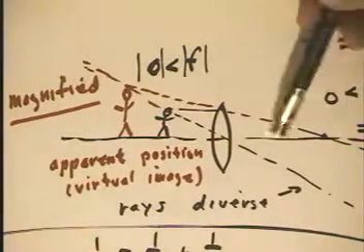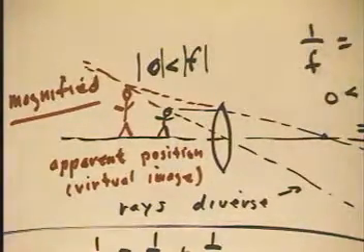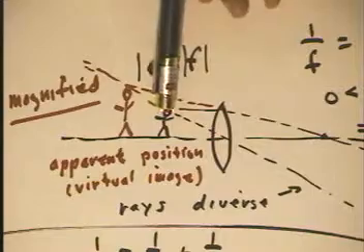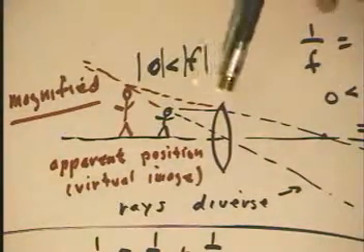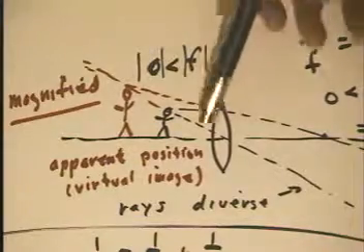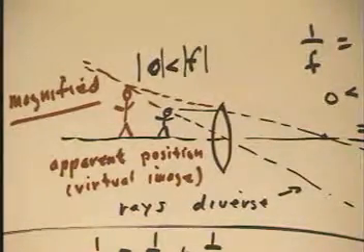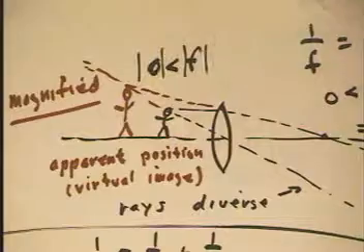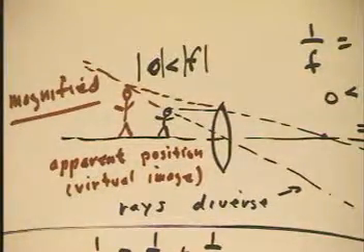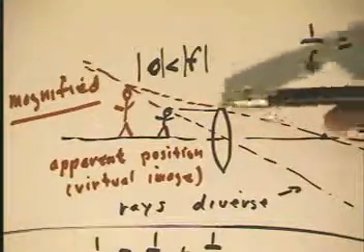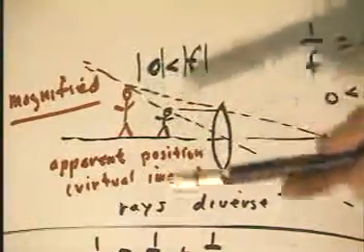So if you're looking from the other side of this lens, it looks like the rays that are coming from the top of the person's head are really coming from here, and that the object is further away from the lens, and also larger. Now, this image appears to be there but really isn't.